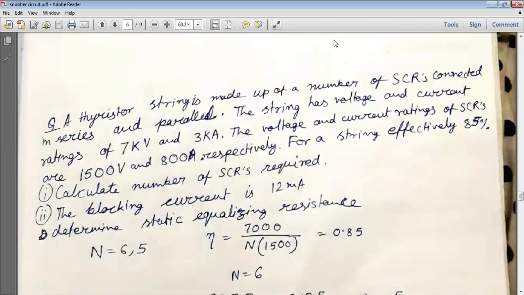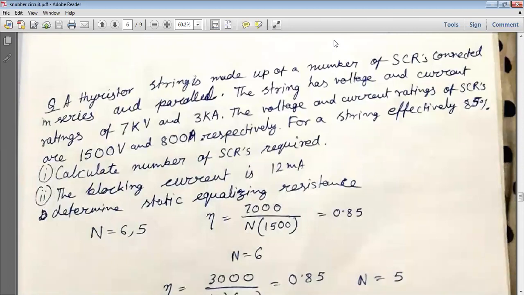Next, a thyristor string is made up of a number of SCRs connected in series and parallel. The string has voltage and current rating of 7 kilovolt and 3 kiloampere. The voltage and current rating of the SCRs are 1500 volt and 800 ampere respectively.